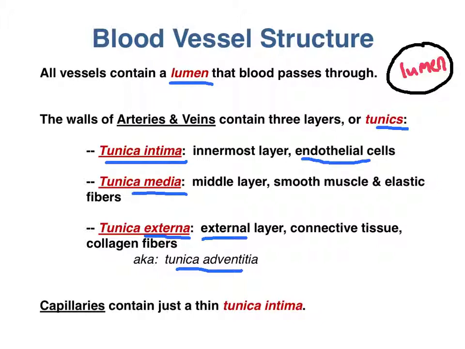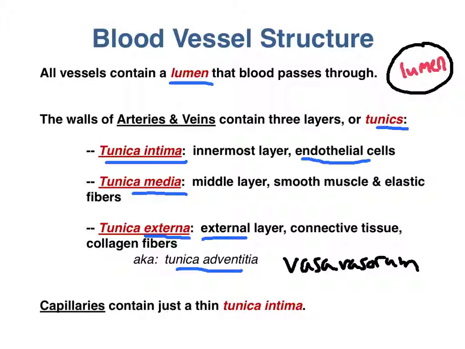In larger vessels, you see a network of capillaries called the vasa vasorum. Large blood vessels are too thick to get their oxygen and nutrients from the blood that runs through the lumen, so the capillaries of the vasa vasorum bring oxygen and nutrients to the tunica media of the large blood vessels.